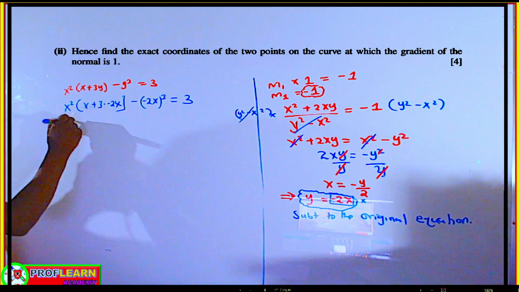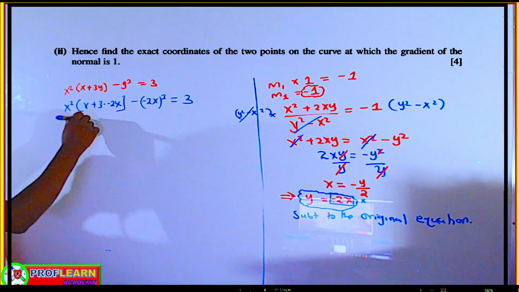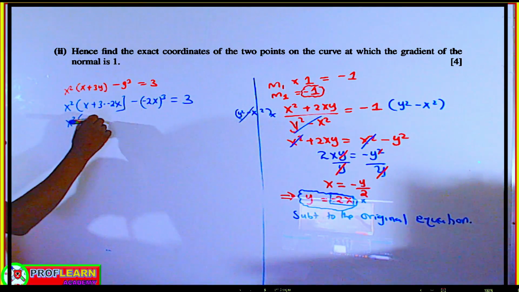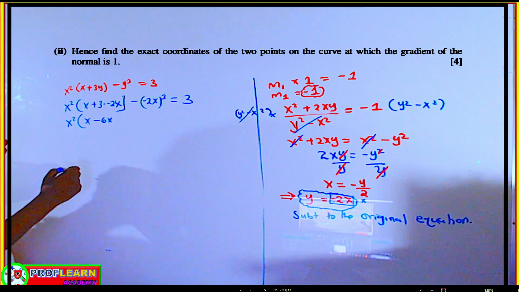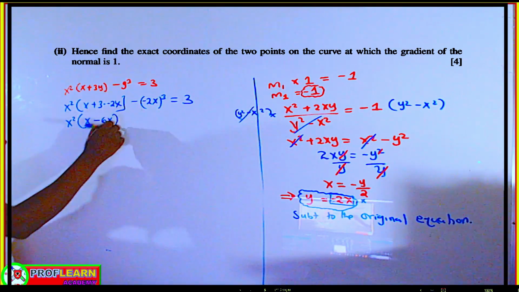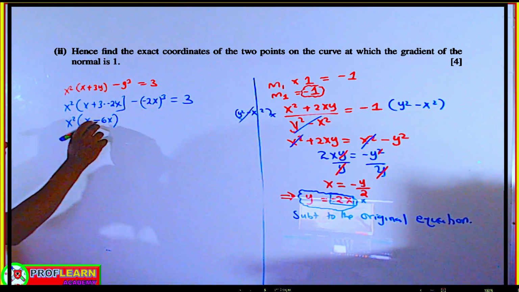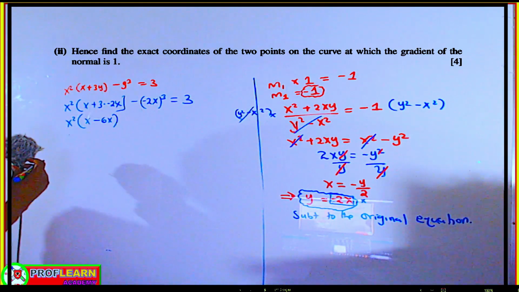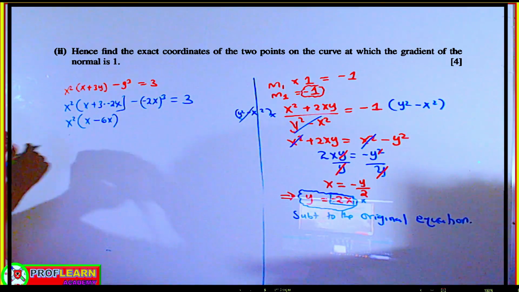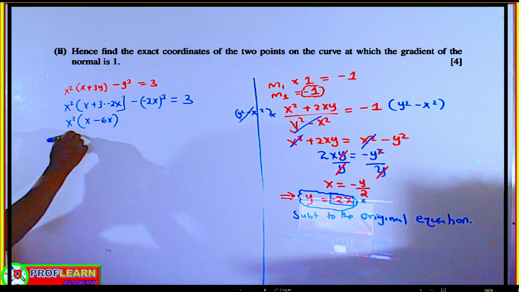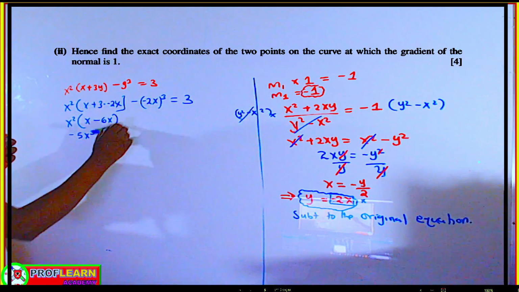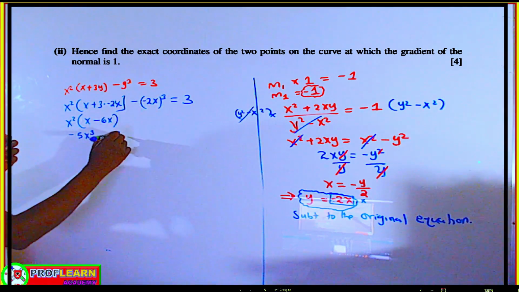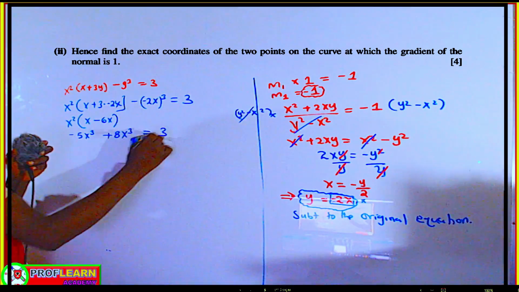Once we do this, we simplify and say x squared into (x minus 6x), and this is actually -5x. So negative 5x cubed minus, this is going to be positive 8x cubed, and this is equal to 3.